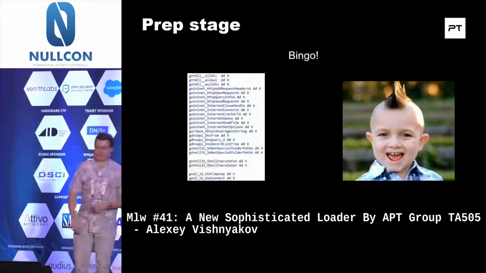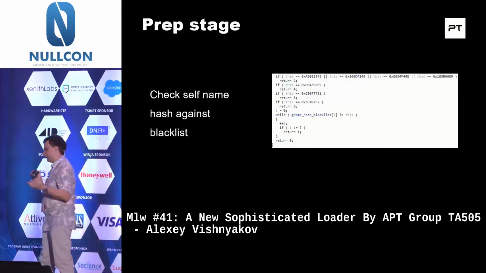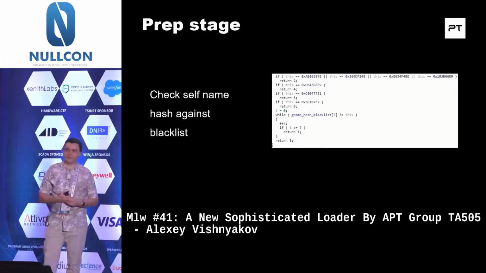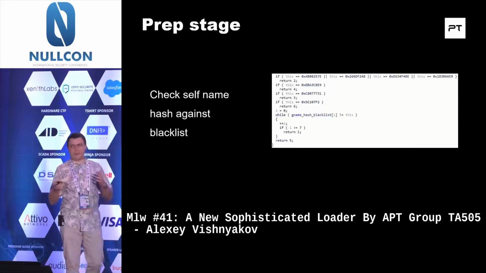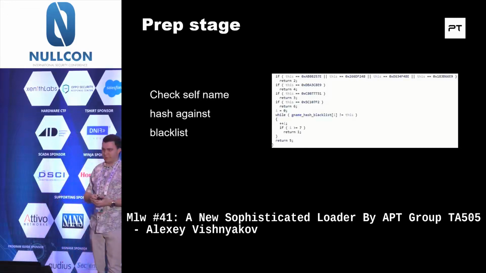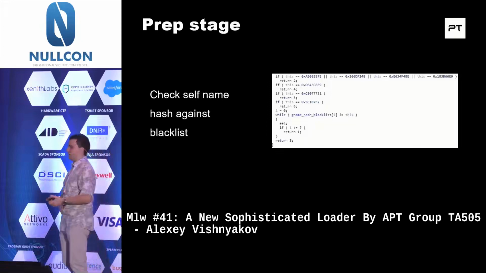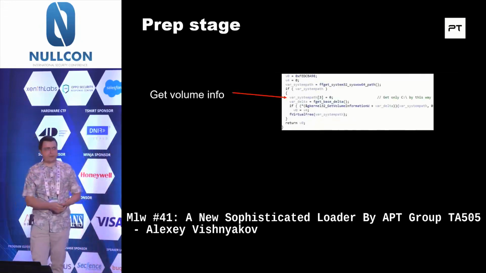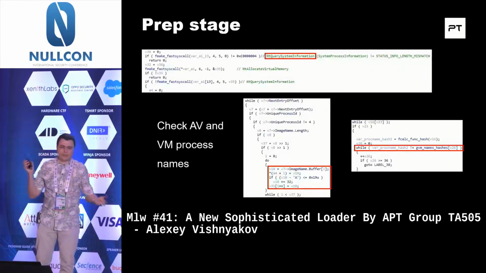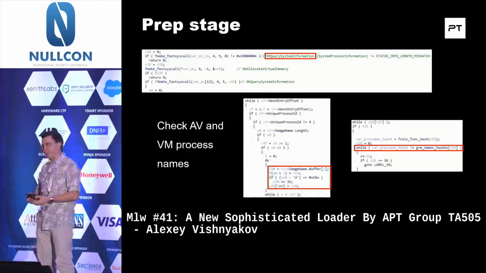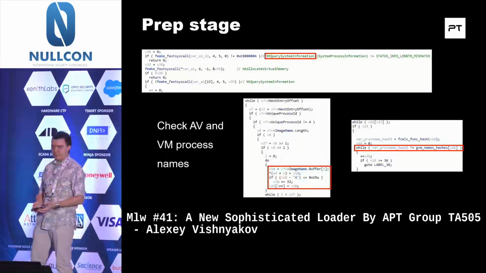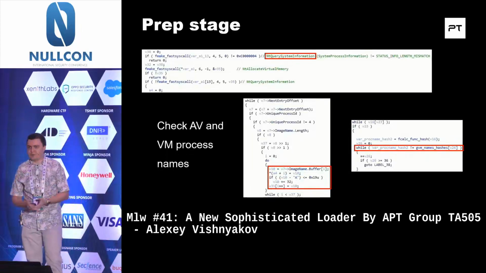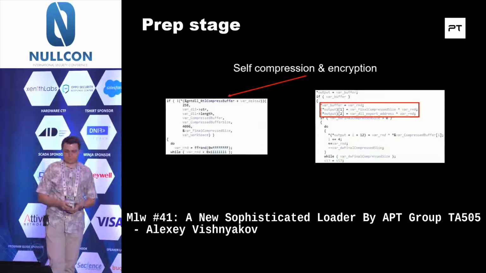And this is not the end of the preparation step. After that, there is a long and complicated part where our sample checks if its own process name is blacklisted. It will extract volume information, which it will use as a victim identifier later. It will enumerate all processes via the NtQuerySystemInformation API, and then check whether we are in a virtual environment or have some antivirus product installed in our system.